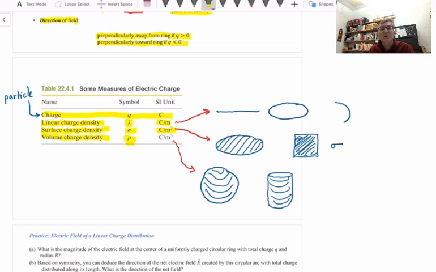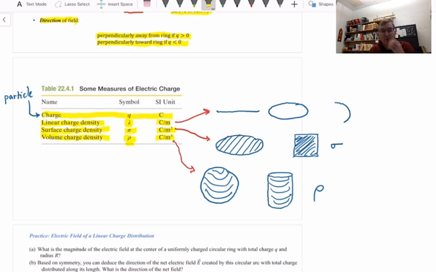There the symbol is the Greek lowercase symbol rho, not p. Now, yes, we used rho already for mass density, mass per unit volume, kilogram per meter cubed. Here, it's the same symbol for volume charge density, charge per unit volume in units of coulombs per meter cubed.